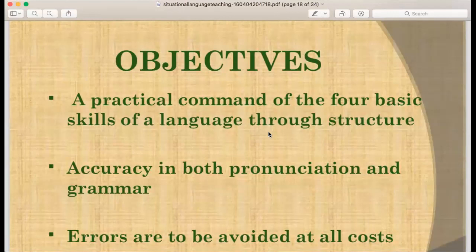Okay, and when we say that this method would develop the writing skills also, we mean accurate grammar. Okay, so accuracy in pronunciation and accuracy in grammar both remain the focus of this method, because it aims to develop all the skills.